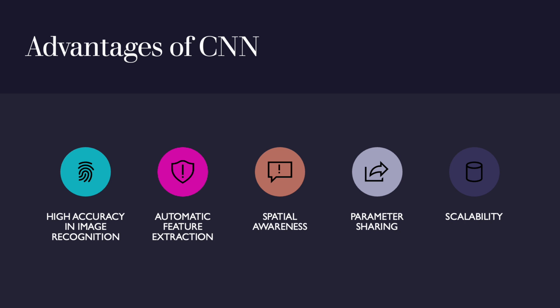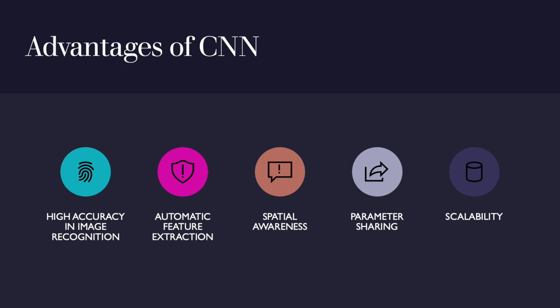Let's talk about the advantages of using convolutional neural networks. The major advantages of CNNs include their ability to learn spatial hierarchies of features automatically. On top of that, we can achieve a decent level of accuracy in image recognition tasks. Images have a spatial structure.